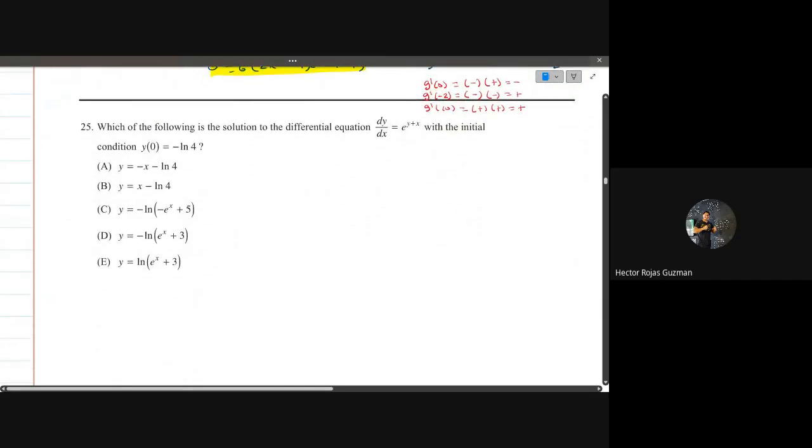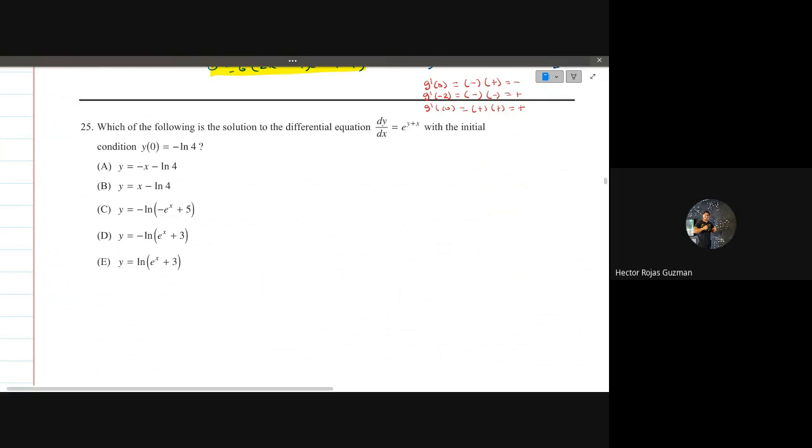Which of the following is the solution to the differential equation with the initial condition? You guys had a question like this in the FRQ. This is a separation of variables. So we have dy/dx equals e to the y times e to the x. We're going to separate the x's and the y's.